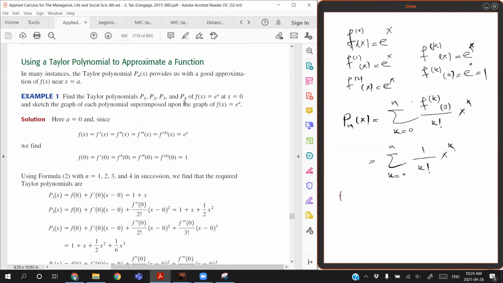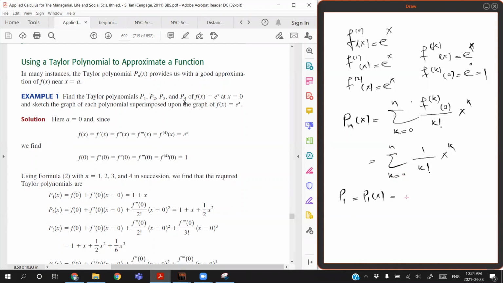So now if I want to write P1, that means n is 1. So P1 of x, the notation for the first order or the linear polynomial for e to the power of x, means it goes from 0 to 1. First k is 0, then k is 1.